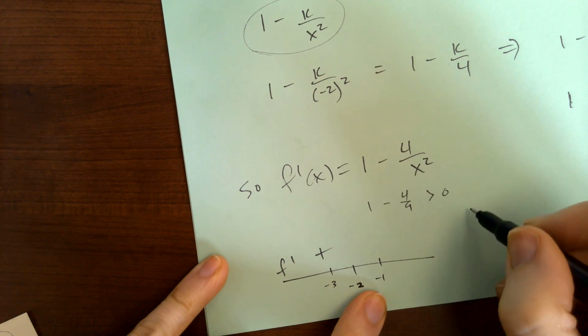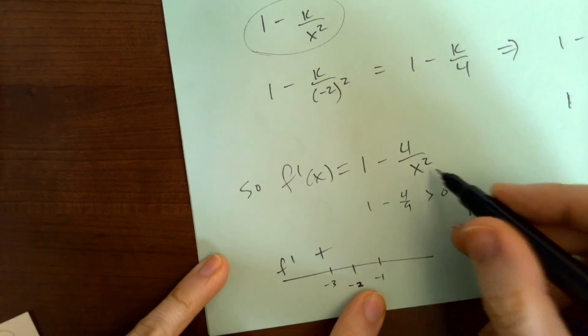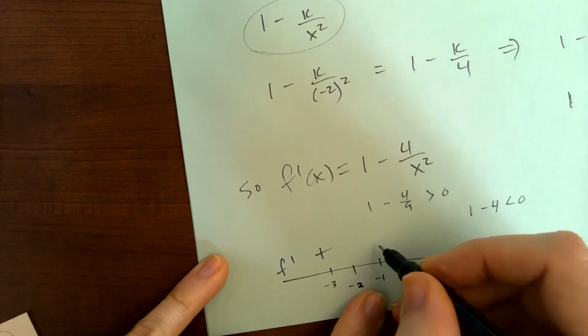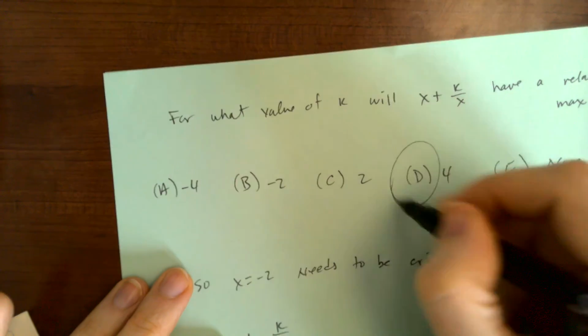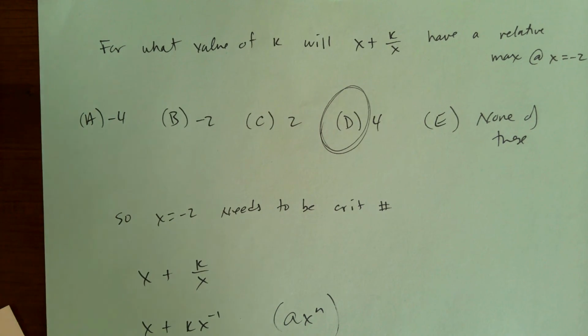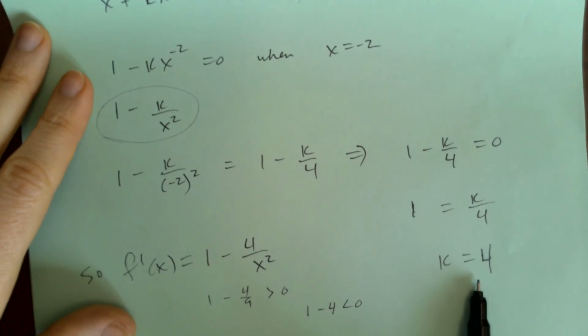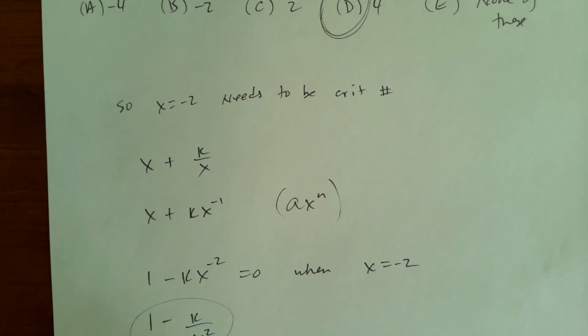So 1 minus 4, because if you plug -1 in there, that's less than 0. So we have a positive to negative sign change, so this was the correct answer, okay? I just wanted to verify. I mean, if you did stop here and said it's got to be that, you would have been right, but I just wanted to go further and verify.